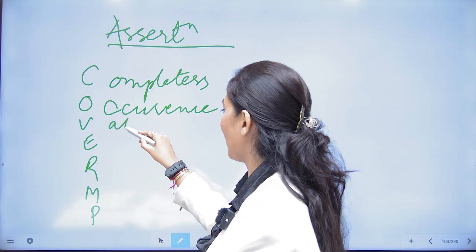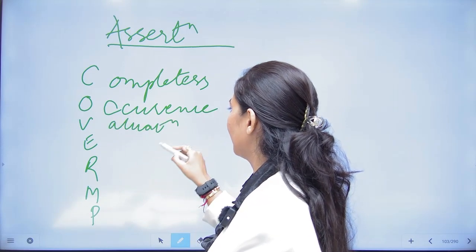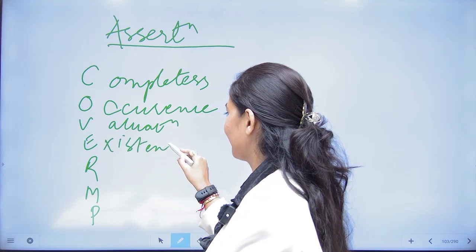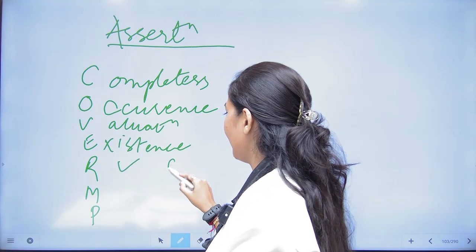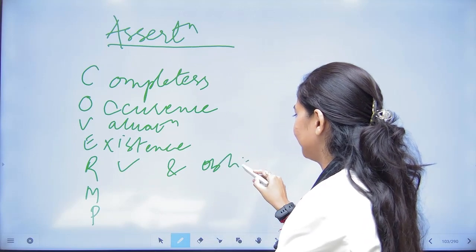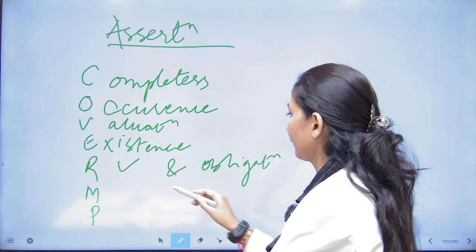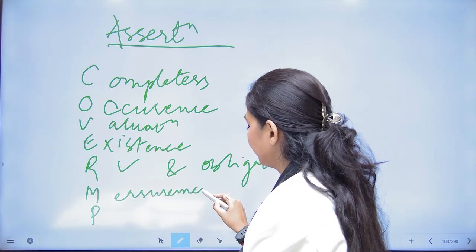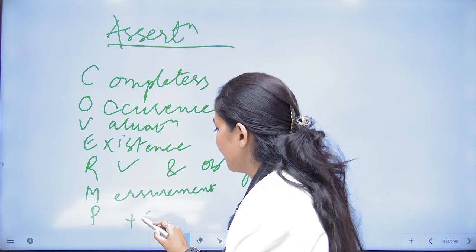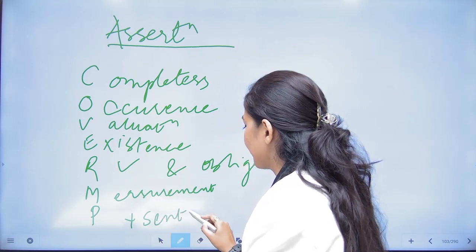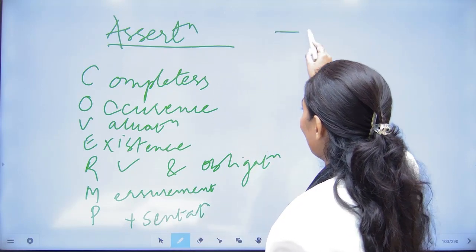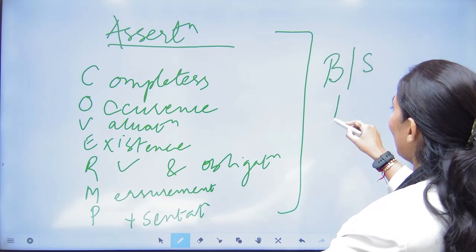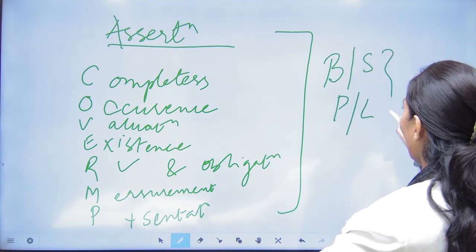This is valuation. This is existence. This is rights and obligations. This is measurement. And the last one is your presentation.